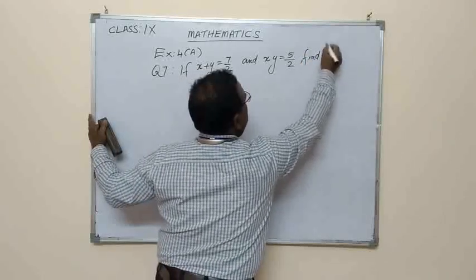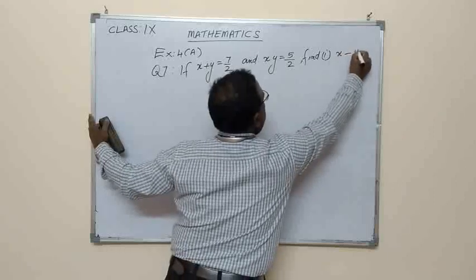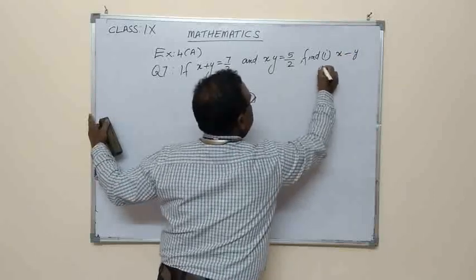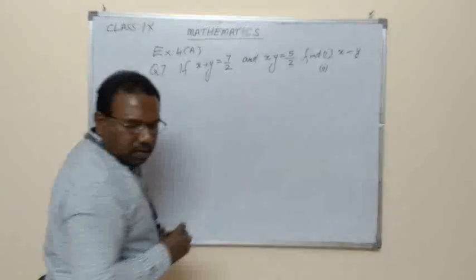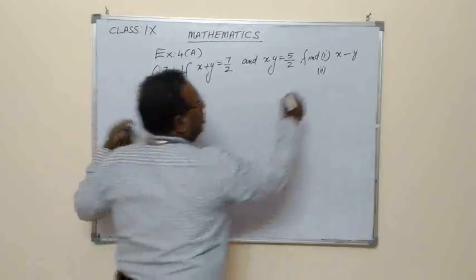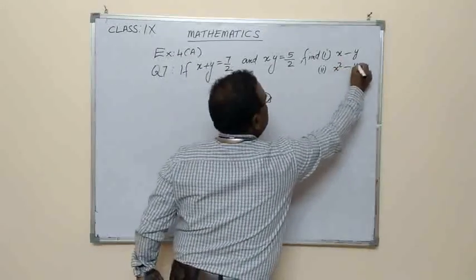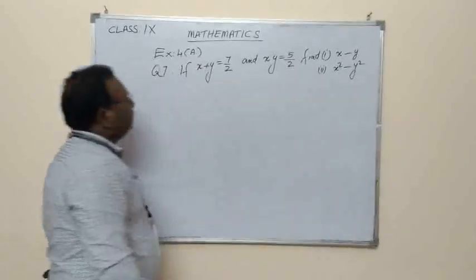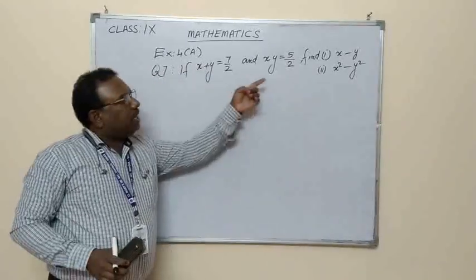There are two sub questions: x minus y, and the second part is x square minus y square. First let us find out x minus y.